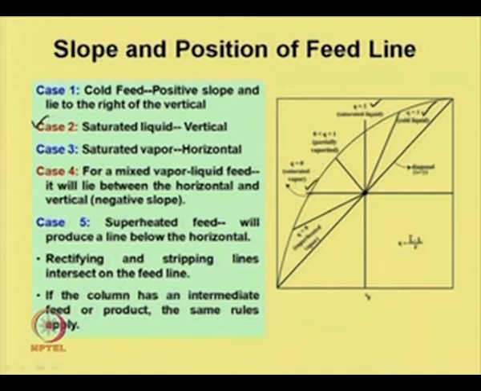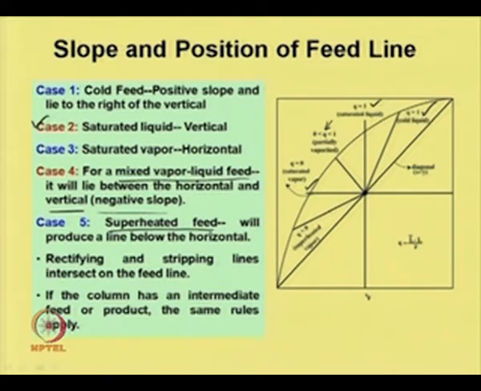This is for saturated vapor, and if it is a mixture of vapor and liquid feed, it will lie between the horizontal and the vertical, since the slope is negative. So, it depends on the value of q, and with that slope it will lie in between the vertical line and the horizontal line.